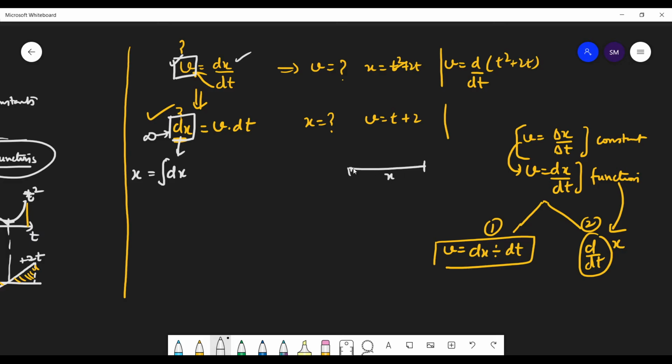I will be adding in small time, because velocity was varying. So in small time, what's the distance traveled by a particular velocity? Again, what is the distance traveled by the particular velocity? Because the velocity is changing. You can see that velocity depends on t. If velocity is constant, I can simply take average velocity into time. But here the velocity is changing.